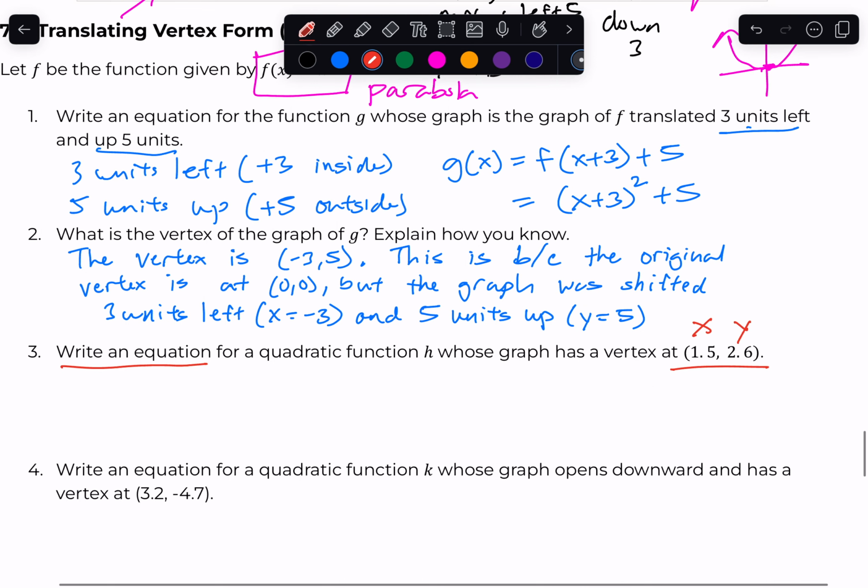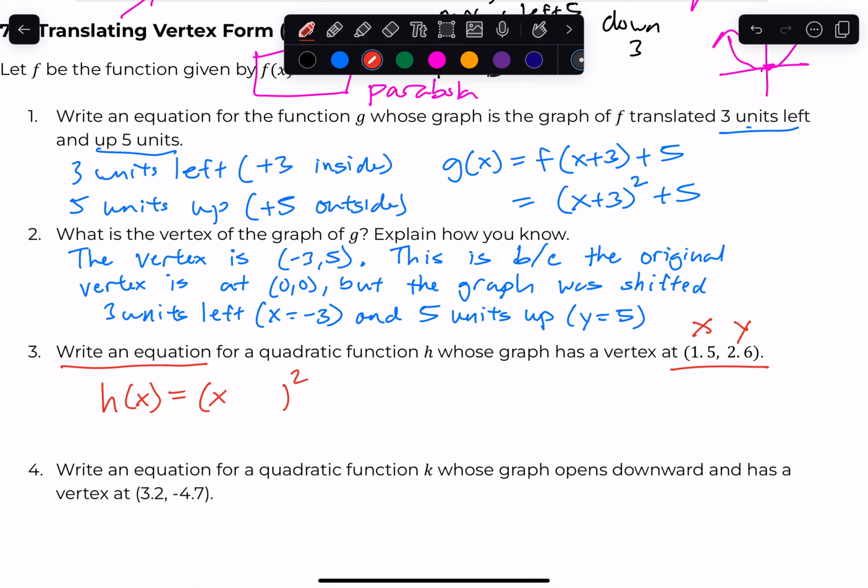It's going to look like h of x is going to be something in parentheses, x squared, and then something on the outside. Well, this 1.5, it's positive in the x direction, but that tells me to go negative in the x direction. So that's really telling me in my equation, this would be on the right side, but in my equation, I have to do the opposite.